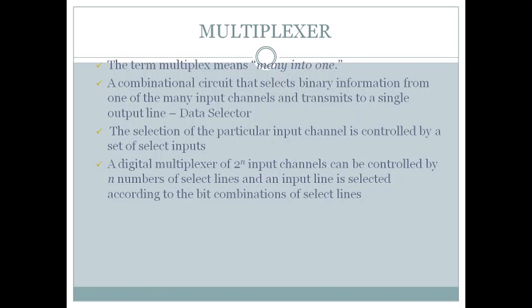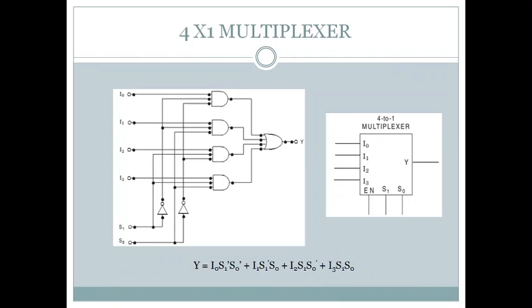So we can give a symbol for the multiplexer. Just see the right side diagram, where we have shown the symbol of the 4 to 1 multiplexer. Here the multiplexer has n number of input channels and only one output.